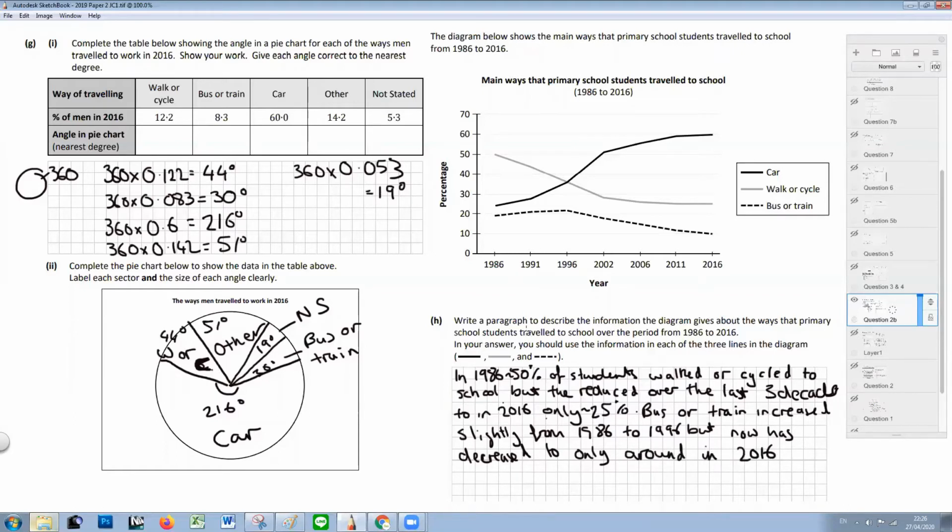And then finally, for the last one, you're going to say car. The car was only used by 25% of students in 1986.